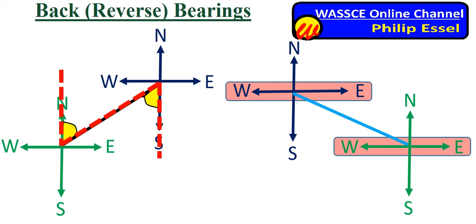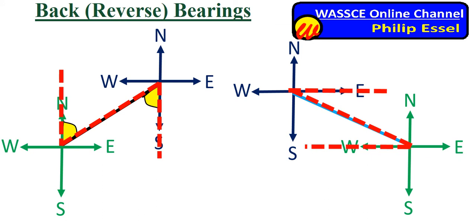Let's look at the Z shape. Let's now indicate the positions of the two Z angles or the two alternate angles. These two angles are also equal because they are Z angles or alternate angles.